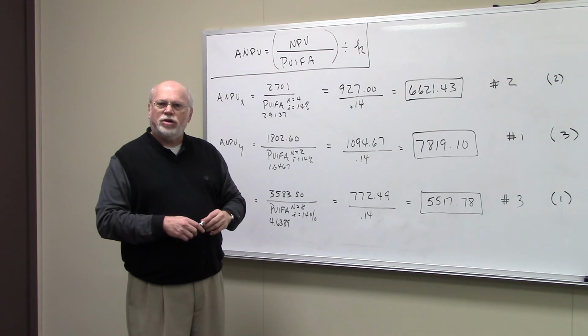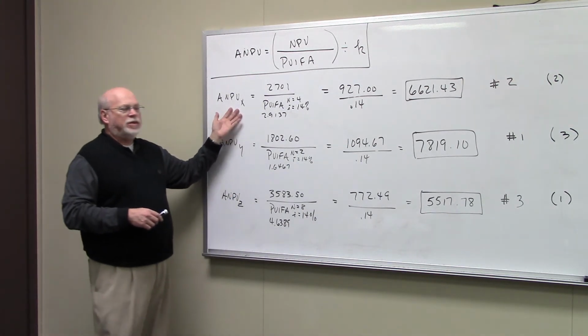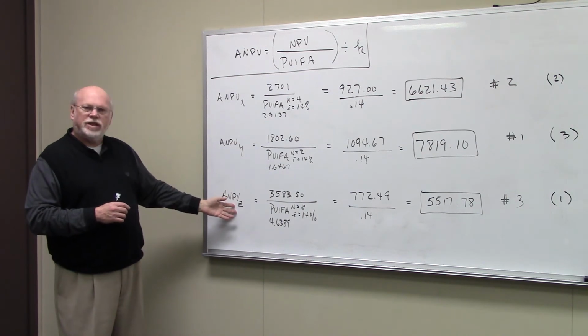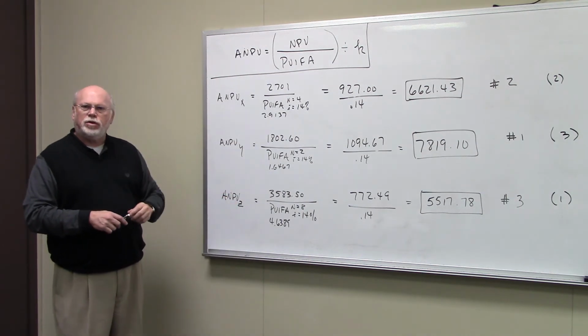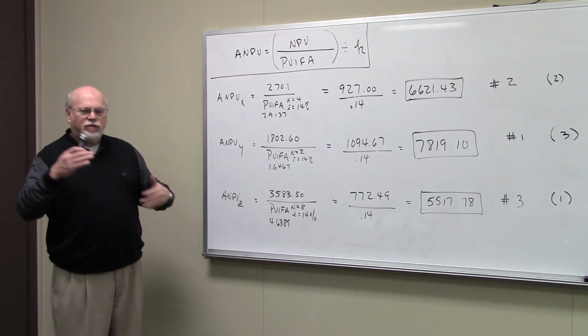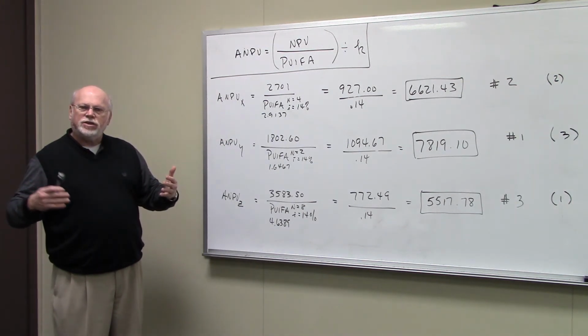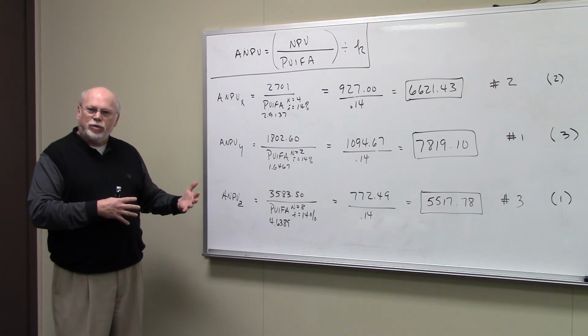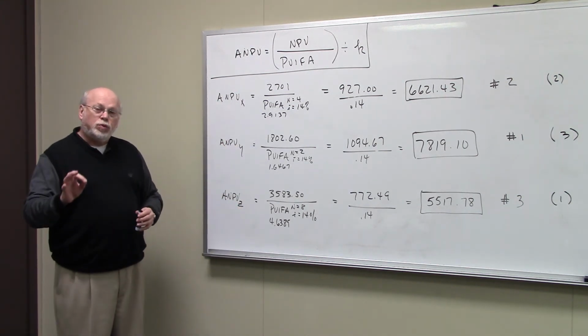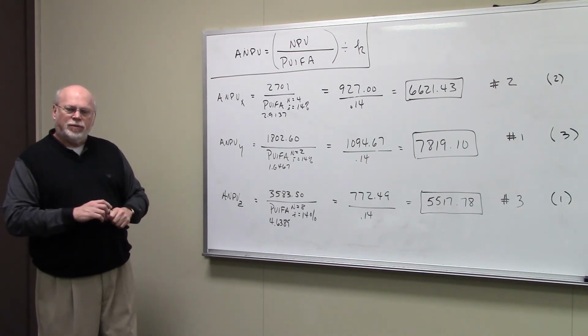Project X is second most desirable, and project Z is the third most desirable. What you see on the right tells you the difference between the rankings using just a traditional net present value and using an annualized net present value, which is what you should do if you have unequal lives.